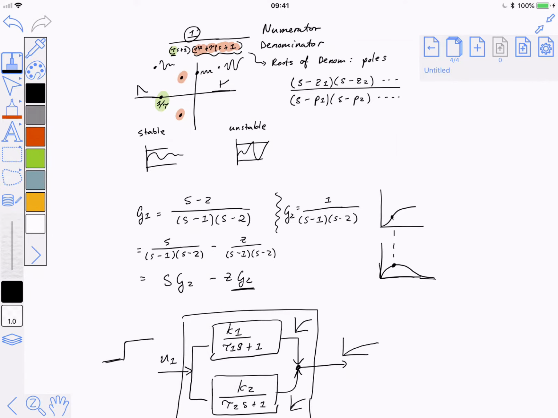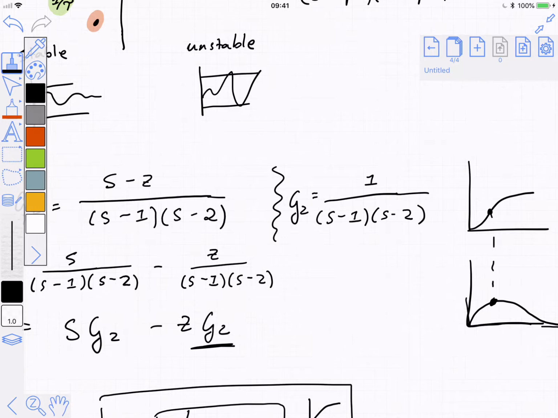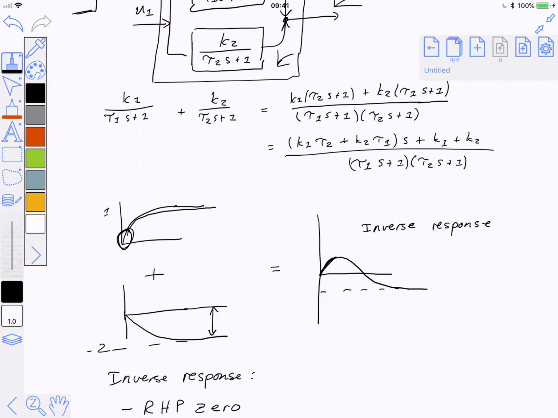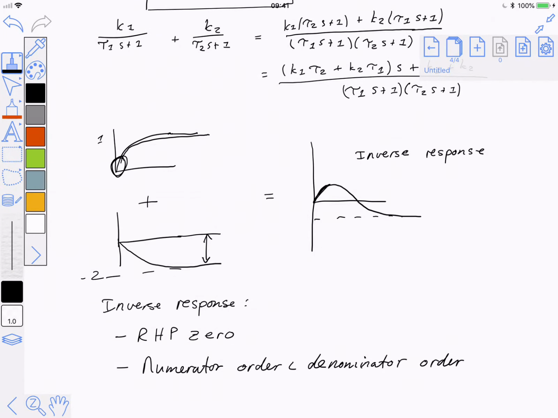Then there's this one specific special case that you have to take special cognizance of. You have to know that this is a very special thing. This idea of inverse response cannot happen if there are no s's in the numerator. Right?